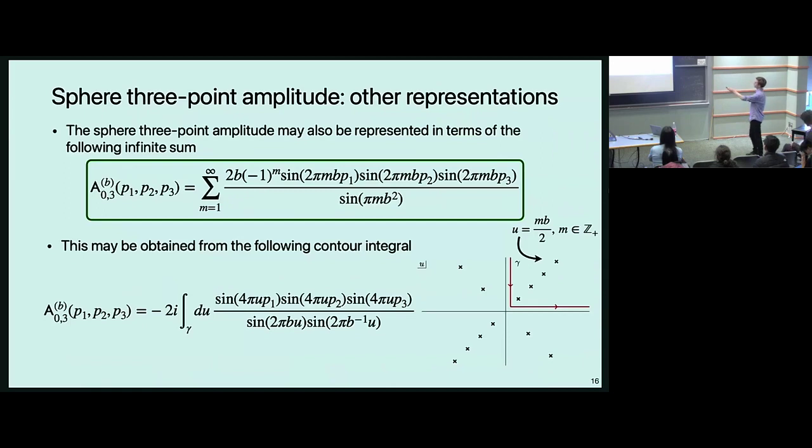And if you take the contour to wrap one of the rays of poles, in particular this ray, then you reproduce this formula. And then you can use symmetry properties of the integrand to arrange it so that the contour wraps around any of the other rays of poles. So that in particular explains the b to 1 over b symmetry.